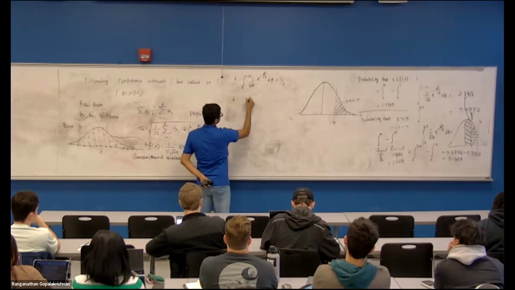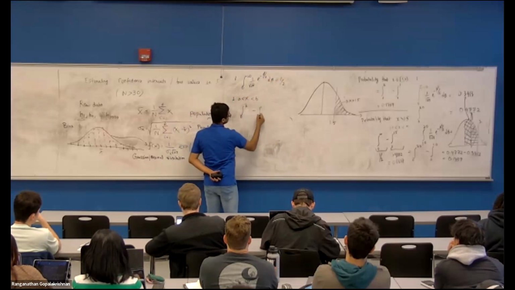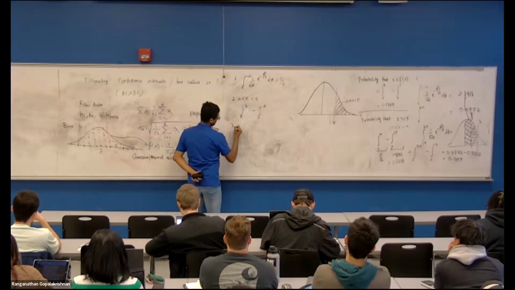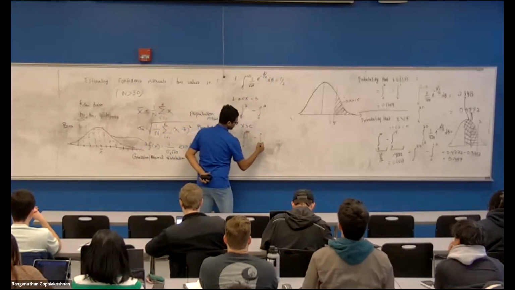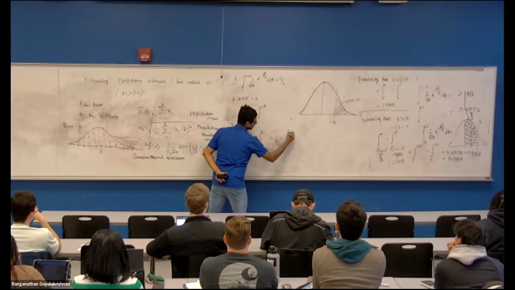If we want x between A and B, that will be 0 to B minus 0 to A. And if you want x greater than C, that will be 0 to infinity minus 0 to C, which is nothing but 1/2 minus 0 to C.